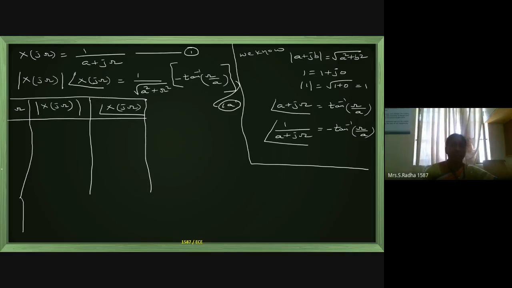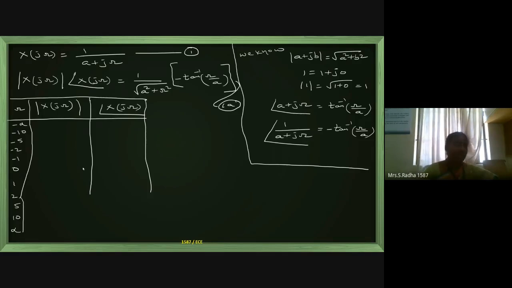So I will put omega as 0, and then plus 1, 2, 5, 10, infinite. Negative side also: minus 1, minus 2, minus 5, minus 10, minus infinite. For all these omega values, what happens to the magnitude and phase angle?